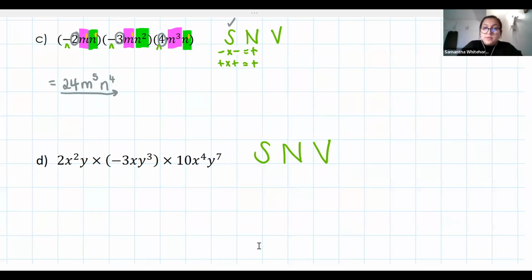And you can only do that when your bases are the same.